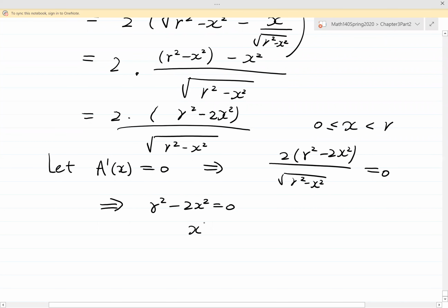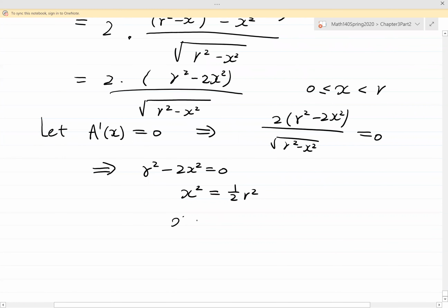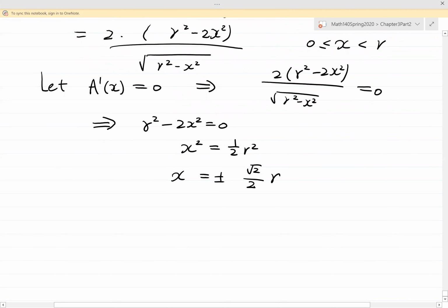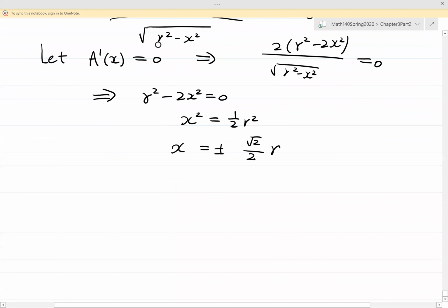So we get x squared is 1/2 r squared, so x is plus or minus the square root, root 2 over 2 of r. It suffices to take only the positive part, since by symmetry the other part gives the same solution. This gives us the unique solution of this optimization problem.